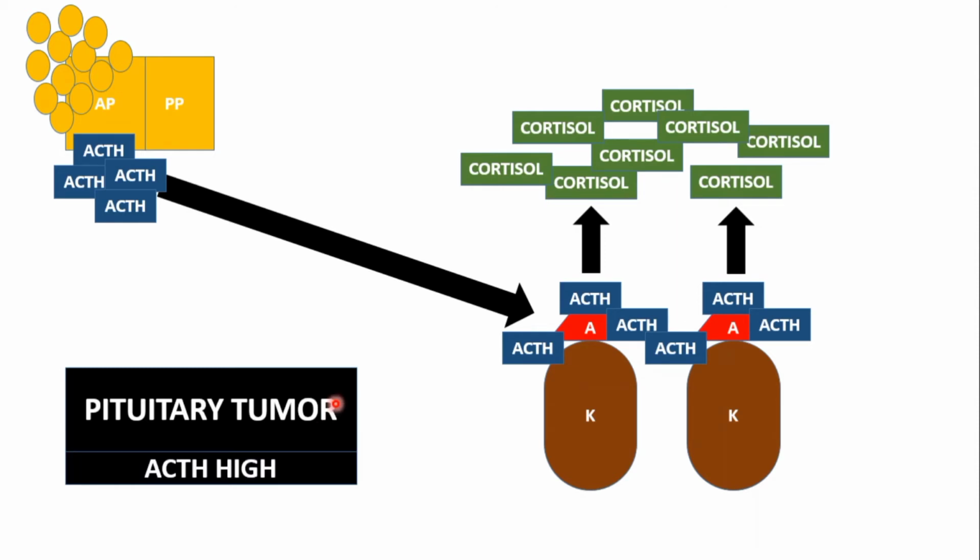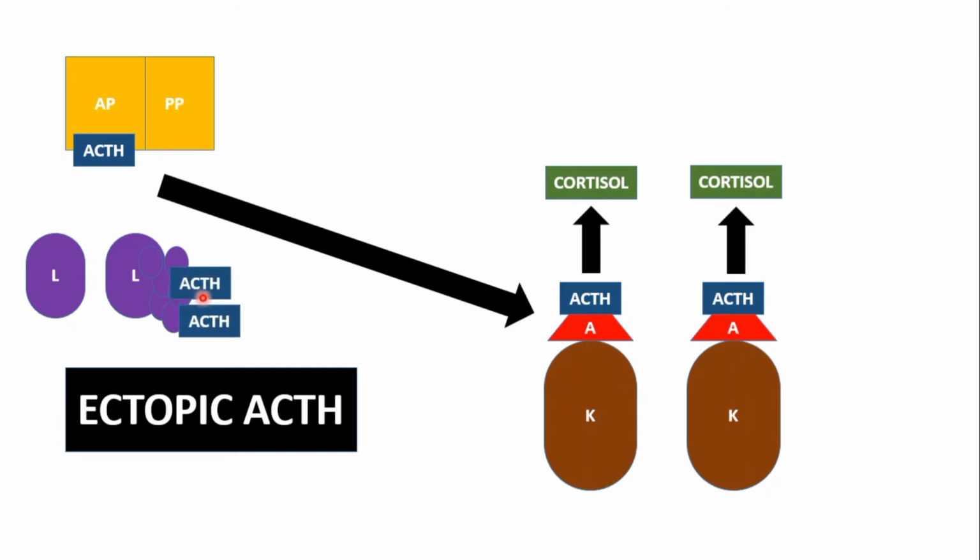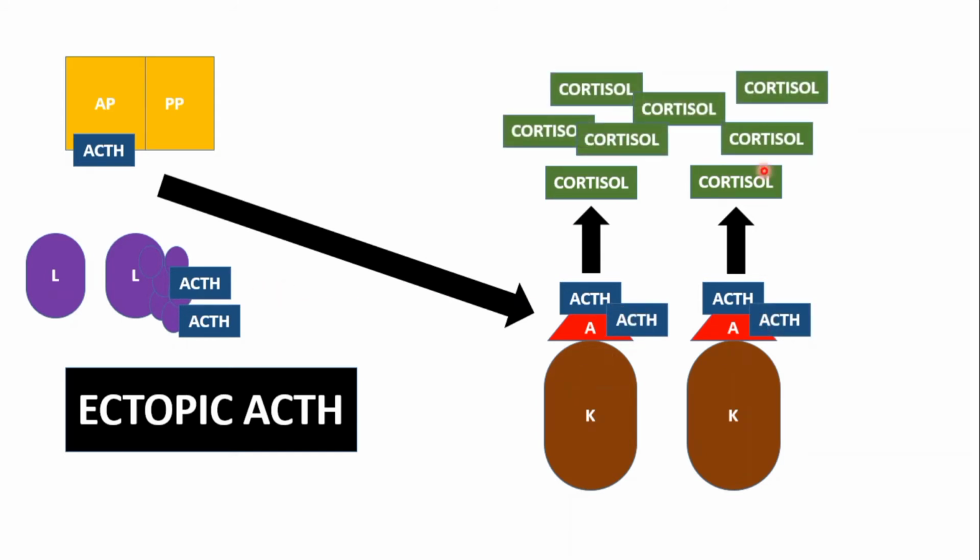Now the next cause is ectopic ACTH. Imagine you have a lung with a tumor, probably a small cell lung tumor. This tumor can produce ACTH, so there is ACTH coming from somewhere other than the pituitary. This ACTH can also bind to the adrenals, causing release of more steroids.